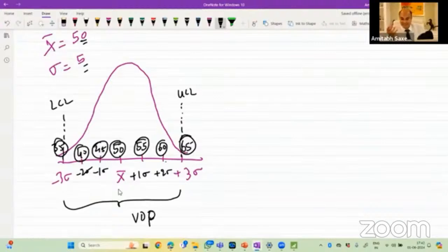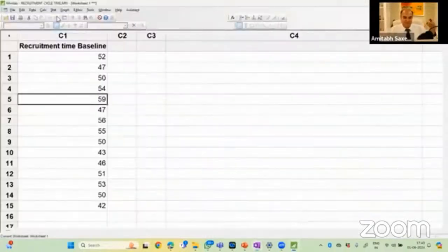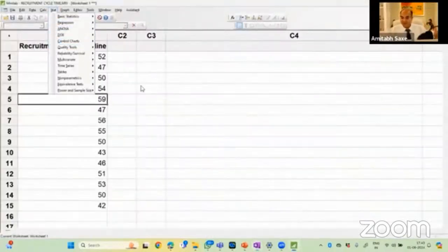Means my recruitment process is telling me that I am going to recruit an employee in our process between 35 days to 65 days. Now I just approximated standard deviation as 5. But if I ask Minitab, please make my control chart, we call this a control chart.